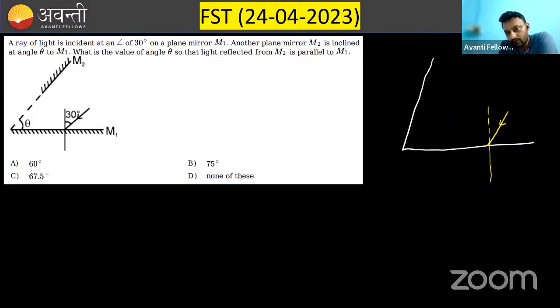So this ray will go, you can see the angle given here, this one is 30. So by the law of reflection, this one will also be 30. Clear? If this is 30, by geometry, this one will be 60. This is given as theta, which is the angle they are asking.